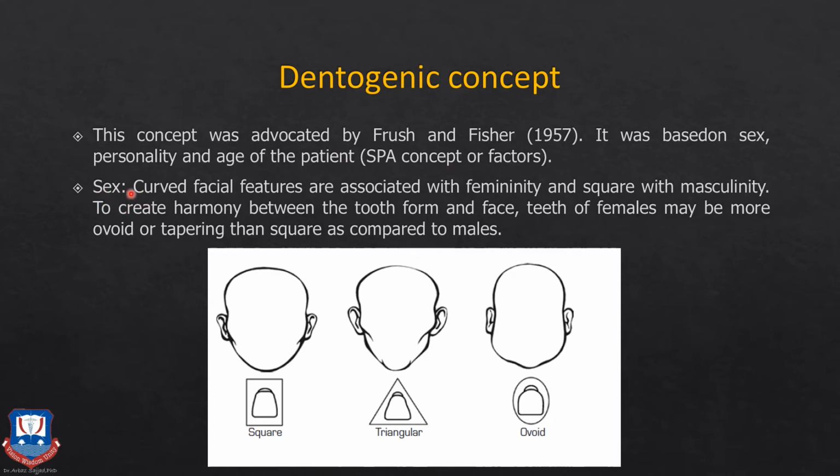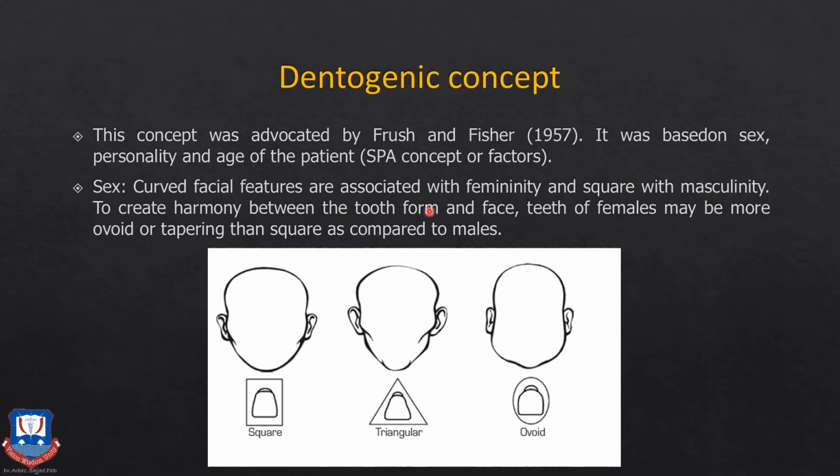So according to sex, curved facial features are generally associated with femininity, as we have all been conditioned to believe through media, advertisement, and the internet. We associate curved features with femininity, and we associate square features with masculinity.